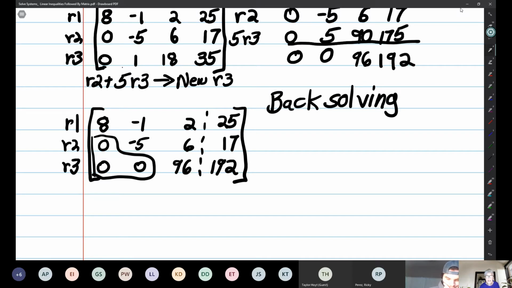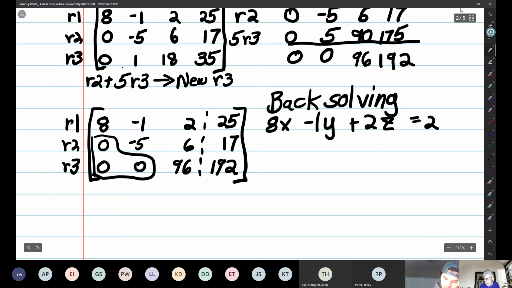You start with row 3, then you go to row 2, then you go to row 1. But first, we're going to rewrite this the way it really is now. This is 8x minus 1y plus 2z equals 25. Negative 5y plus 6z equals 17.